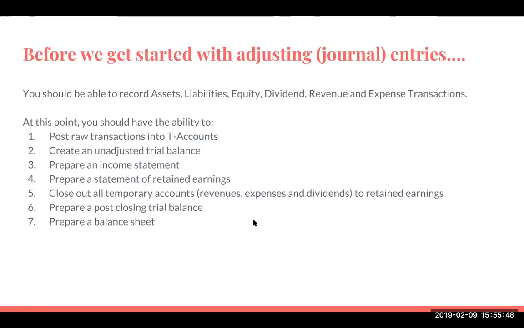So before we get started with adjusting journal entries, you need to be able to do the following.